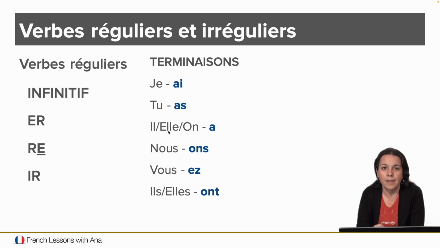For il, elle, and on, the third person singular, we add a. Then for nous, ons, which we pronounce on. For vous, ez. And for ils and elles, ont. These are the endings. They never change. Whether the verbs are regular or irregular, we keep these endings for every single one of them.